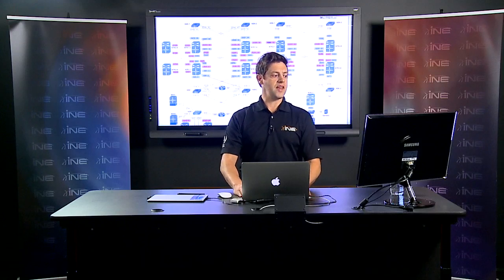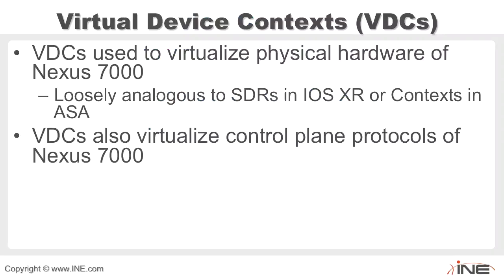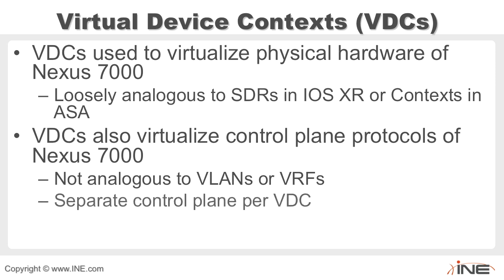But one of the things is that VDCs also virtualize the control plane protocols that are used in this 7000 series switch. So these are not analogous to VLANs or VRFs in any way. Okay? What we are actually doing is separating the complete control plane per VDC.